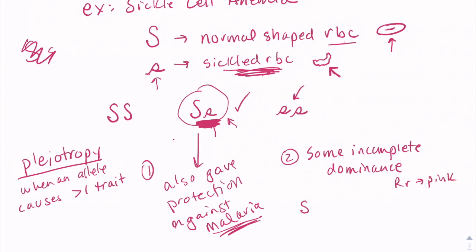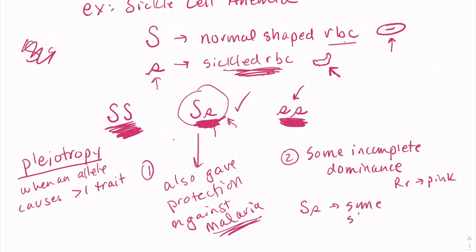This means that an individual who is heterozygous for the sickle allele not only has some protection against malaria, but also gets some slight sickling of their red blood cells. So you get a blending of traits. The homozygous dominant individual would have absolutely no sickling. The homozygous recessive individual definitely has sickle cell anemia. The heterozygote would have some slight sickling.